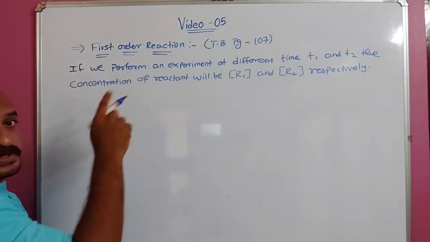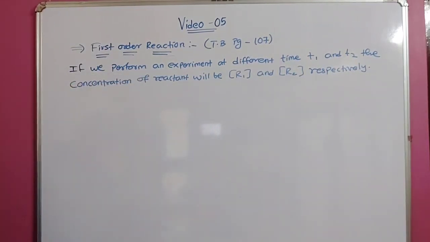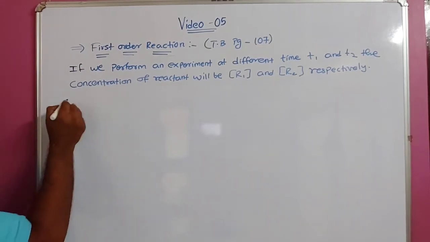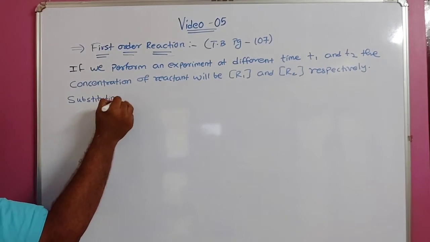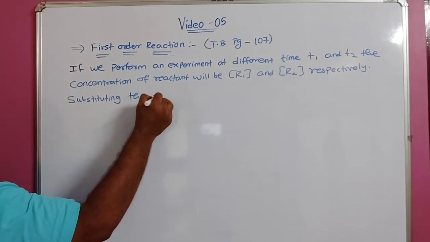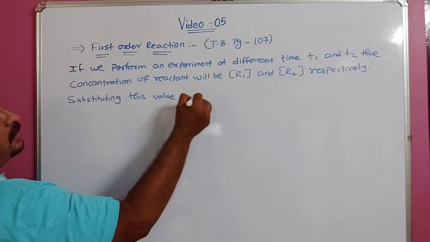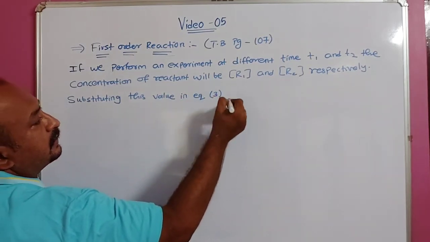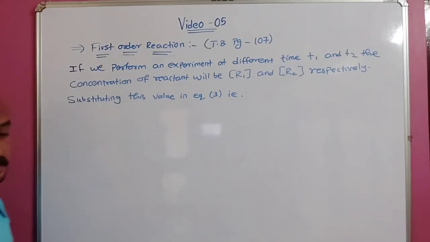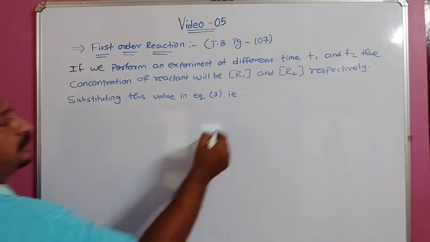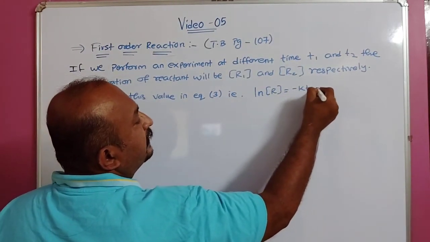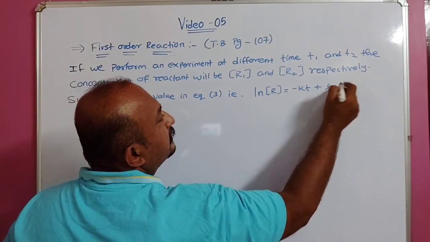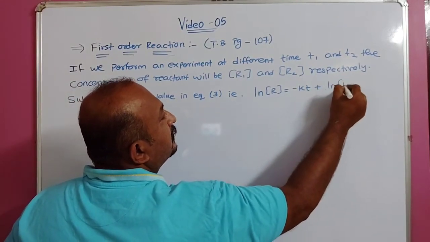Clear? Now substituting this value in equation 3. I think you must remember, equation 3 was ln R is equal to minus KT plus ln R0.